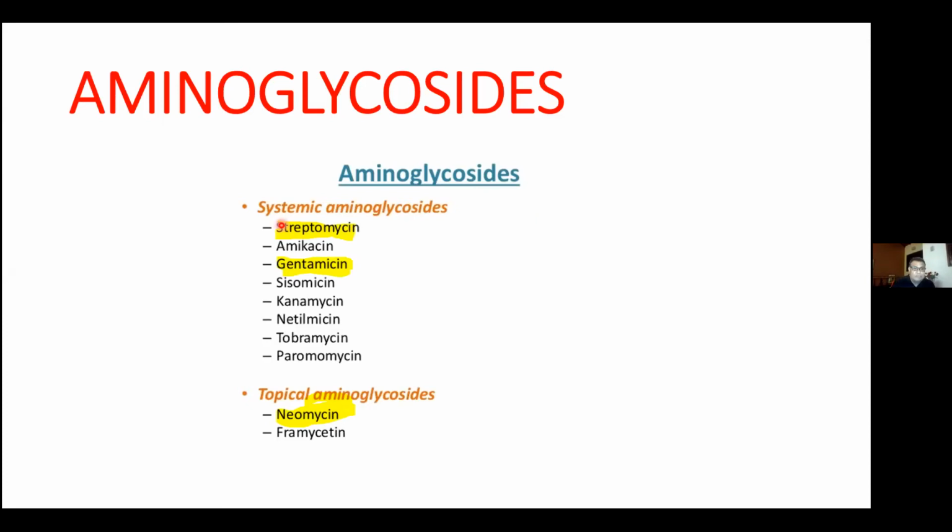So now we have discussed 3 or 4 groups of antibacterial agents. Now we move on to the aminoglycosides. These drugs are not much used in dentistry or even in OMF surgery, but there are medications which are used in dentistry as well as in OMF surgery in certain cases.